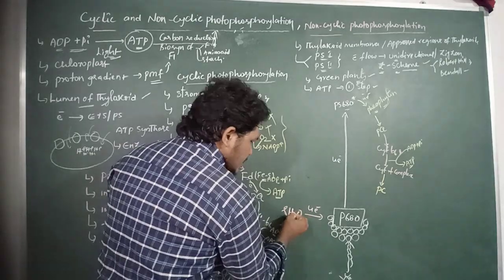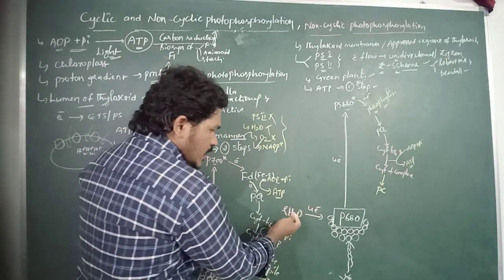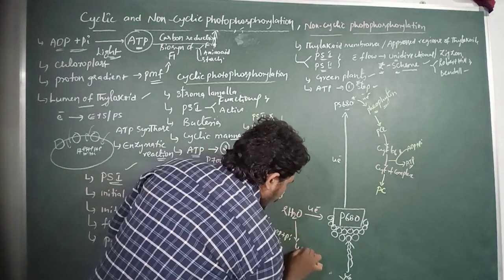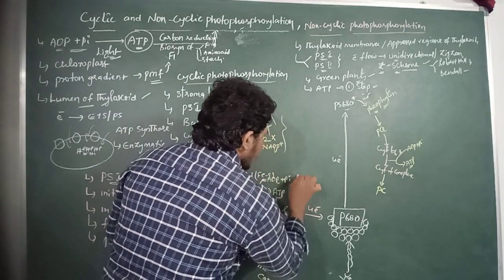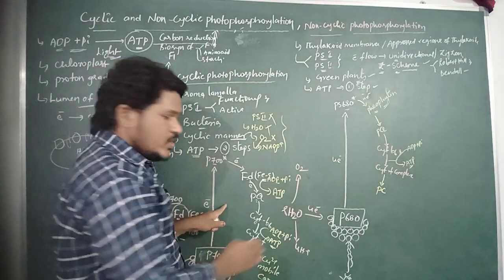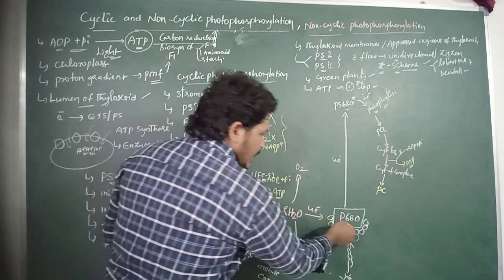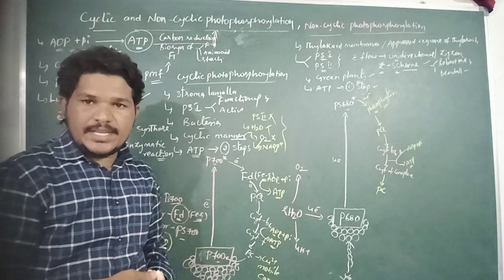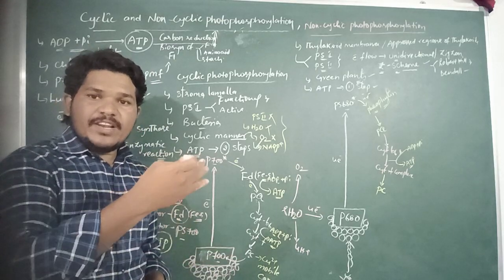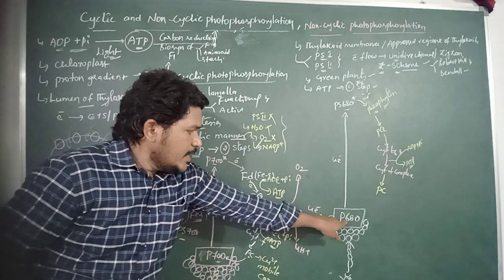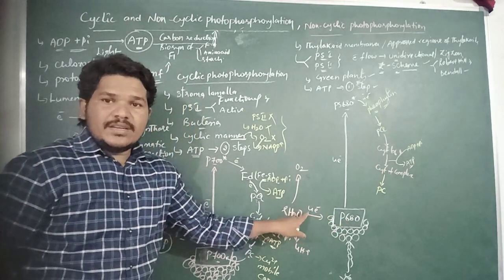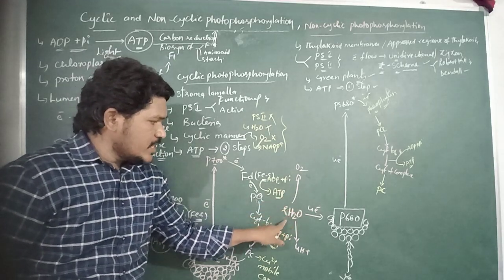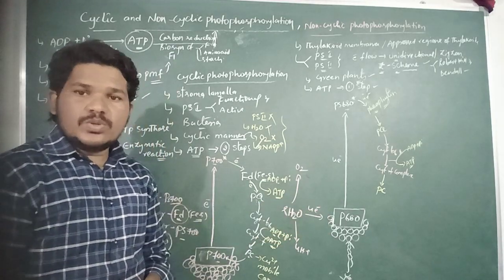The water molecules are broken down into electrons, protons and oxygen. The released electrons enter the reaction center of PS2, P680, replacing the lost electrons. The photolysis of water is associated with photosystem 2.